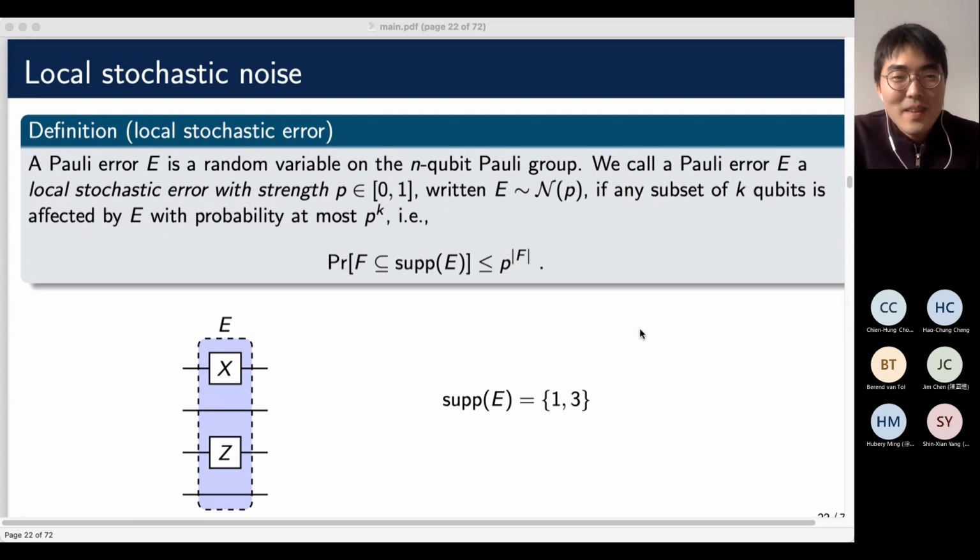Before the real explanation about our protocol, I have to mention the noise model that we are considering, which is called local stochastic noise. So the definition is we consider a Pauli error E, which has the following property.